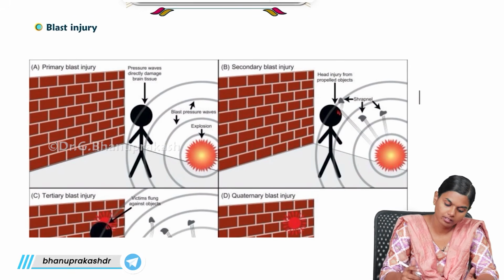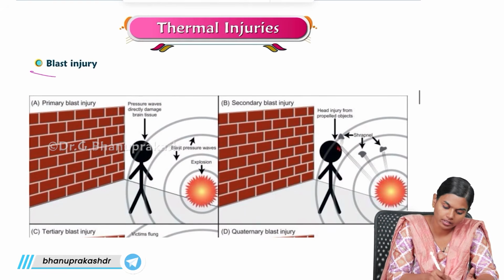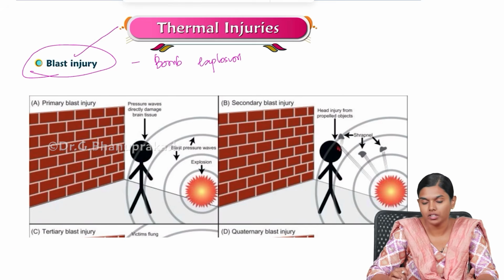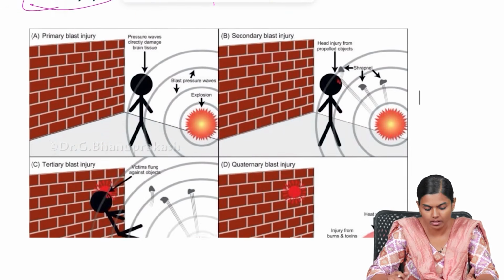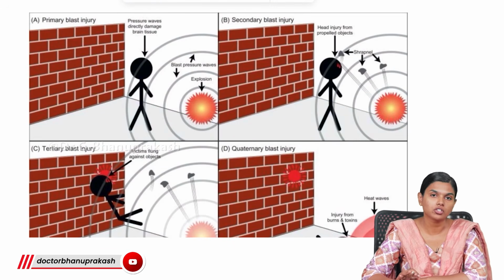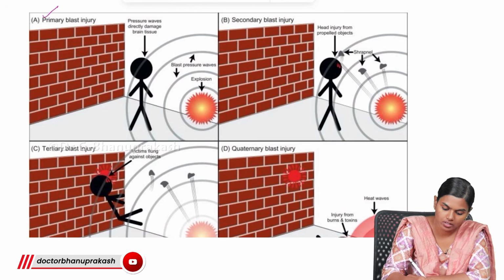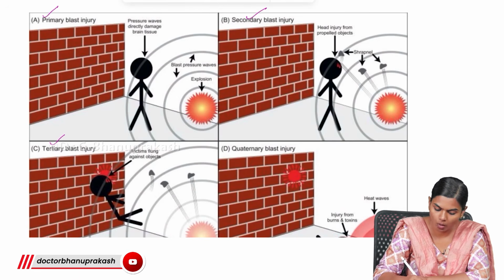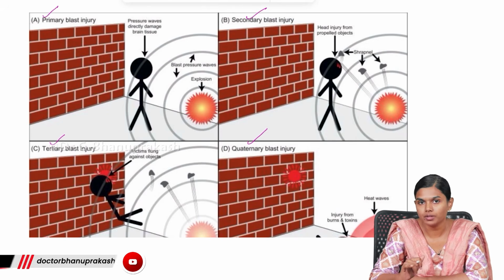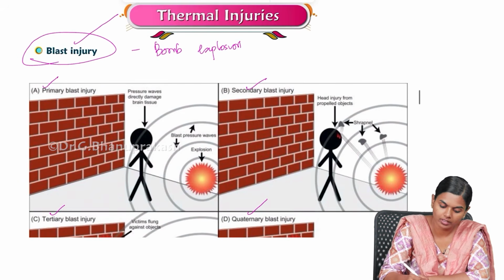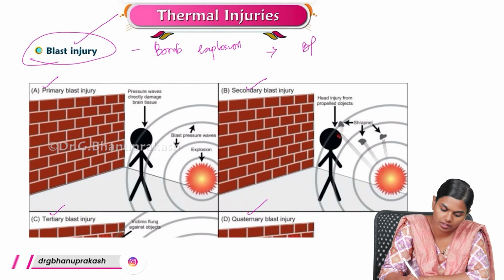Then, in the thermal injury, there is one more thing, that is blast injury, which is due to bomb explosion. So, explosion of a bomb results in these injuries. In case of bomb explosion, we mainly get 4 types of injury: primary, secondary, tertiary and quaternary. When a bomb explodes, firstly there will be a blast wave.